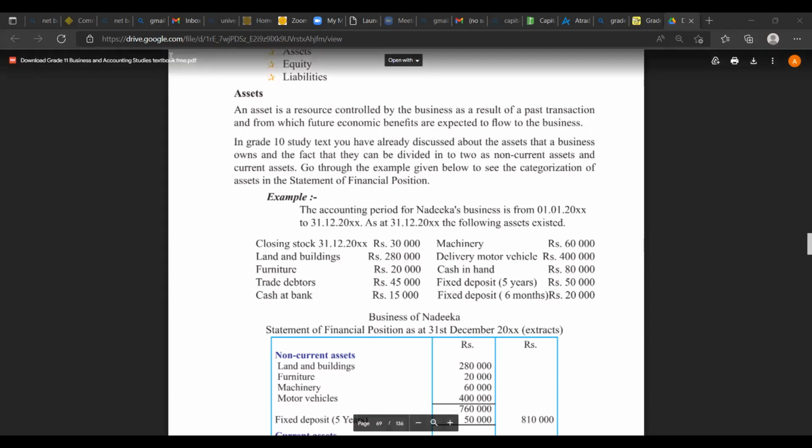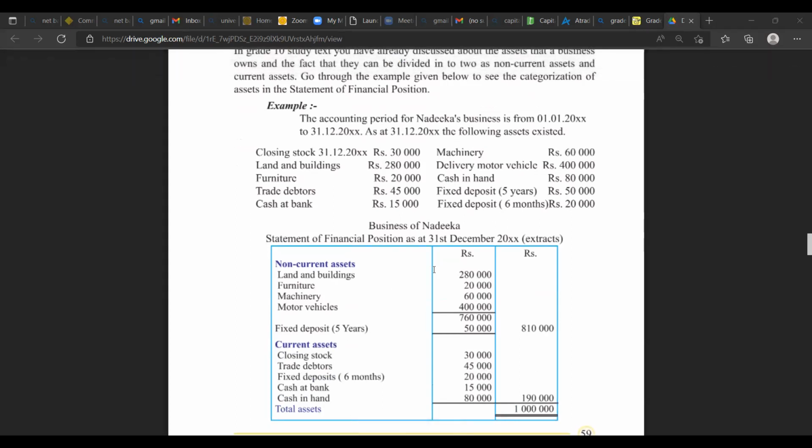So in the structure, what you do is you present your assets in two forms. One is non-current assets and current assets. Non-current assets are assets that you are going to use in the business. You don't have any intention to sell. So they are broadly land and building, furniture, machinery, motor vehicles.